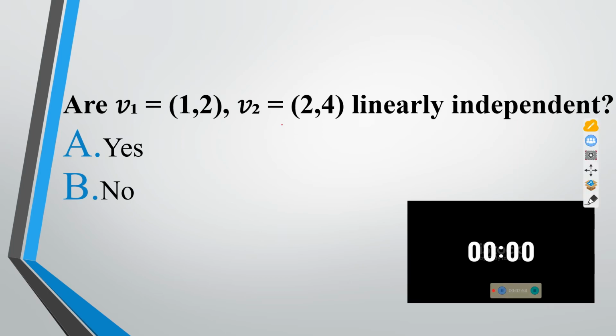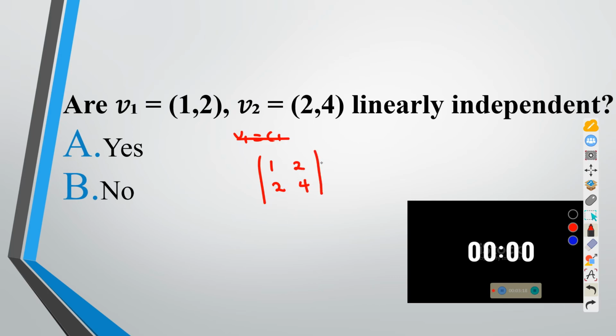So we basically want to show whether these vectors are linearly independent or not. We can test using the determinant method. You have v1 as 1, 2, and you have v2 as that. So we can obtain the determinant by having this row as 1, 2, then this row as 2 and 4.